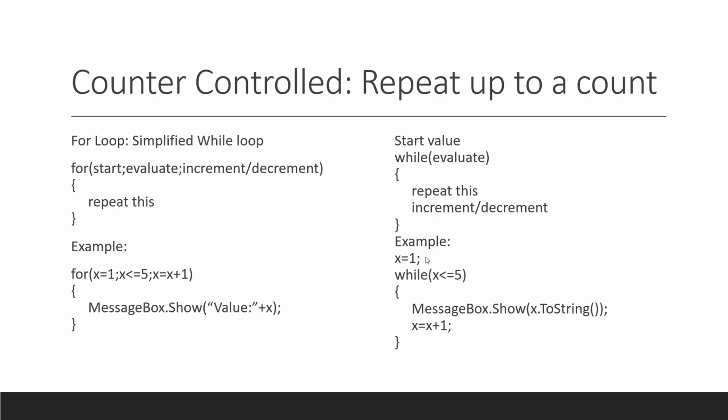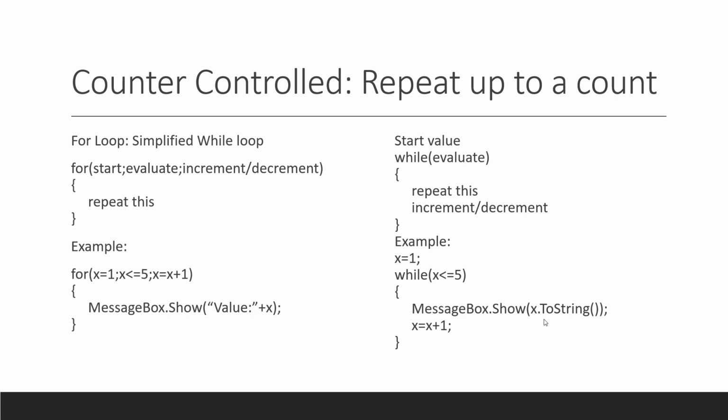Then we have this example, x equals 1. Again, that's the same as this part over on the left on the for loop. And we have while, again with the evaluation, x is less than or equal to 5, which you see over on the left. Then we repeat things.